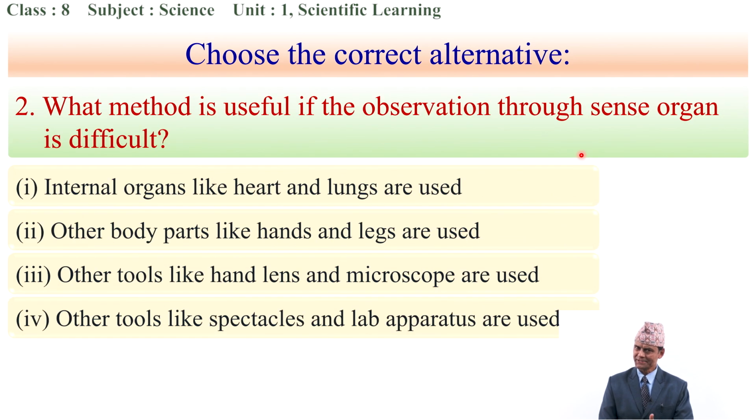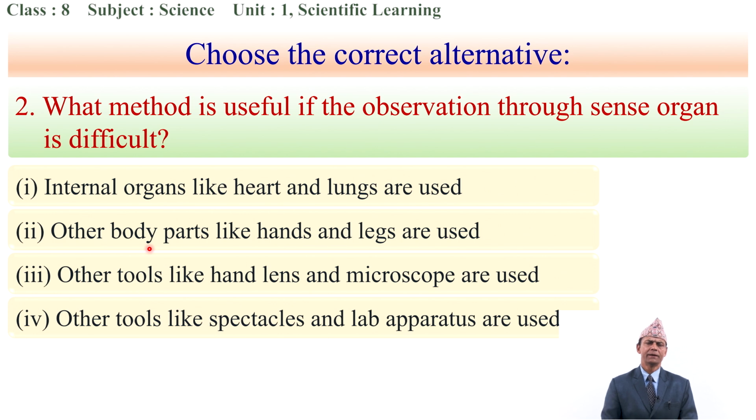Now, let's go to question number 2. Question number 2 is like this. What method is useful if observation through sense organs is difficult? Let's think. Choose the correct answer. The first one is internal organs like heart and lungs are used. Is it correct?